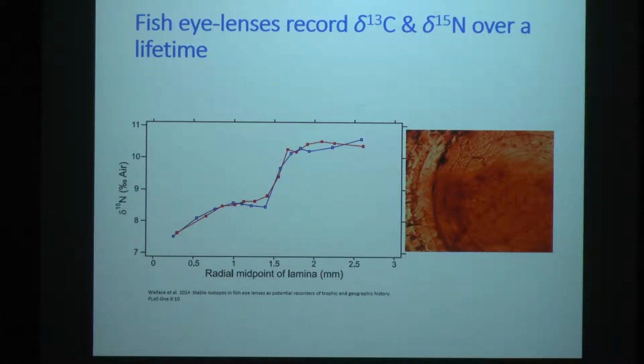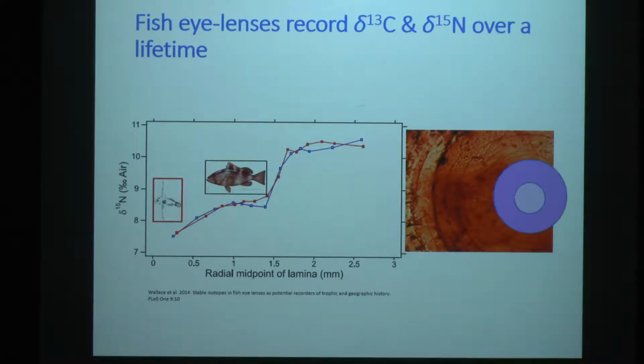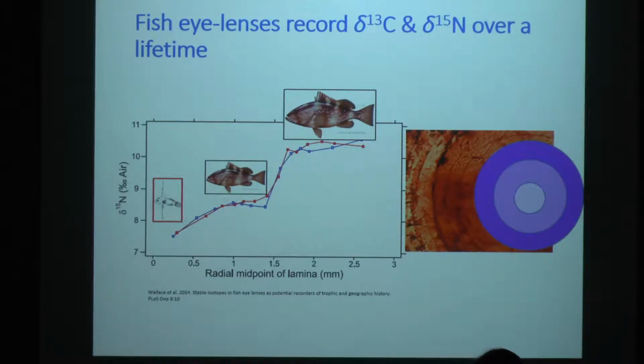So from Amy Wallace's work, we know that fish eye lenses do record the stable isotopes from their environment over their entire lifespan, both carbon-13 and nitrogen-15. And as they grow, they add material to that eye lens. So the smallest inner part is from the earliest time in life.